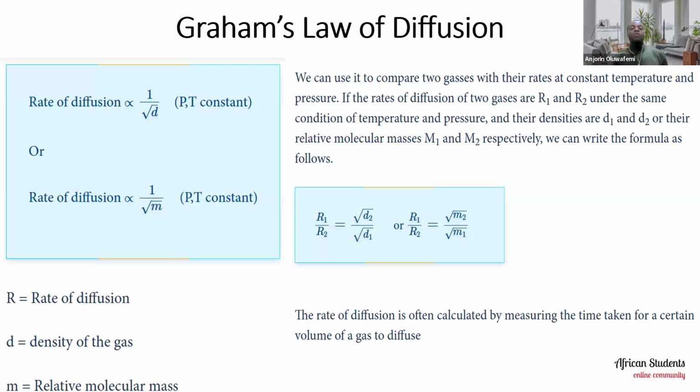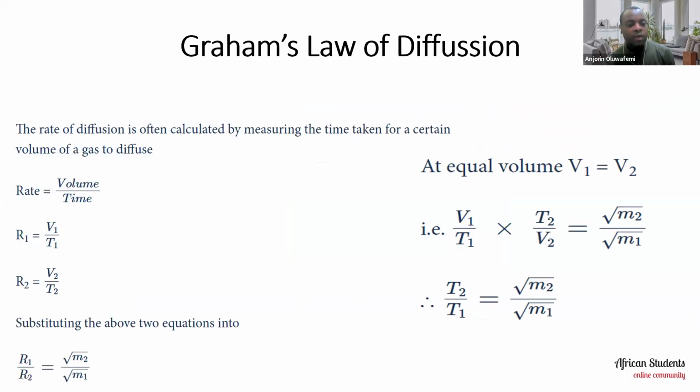So the rate of diffusion is often calculated by measuring the time taken for a certain volume of gas to diffuse. So rate of diffusion equals volume over time. That's the rate of diffusion.